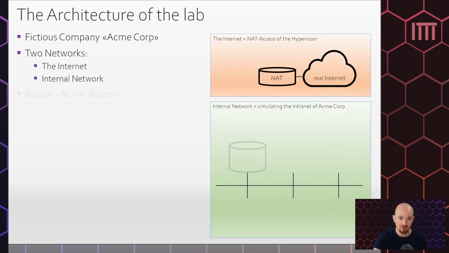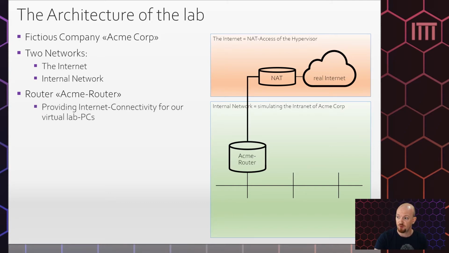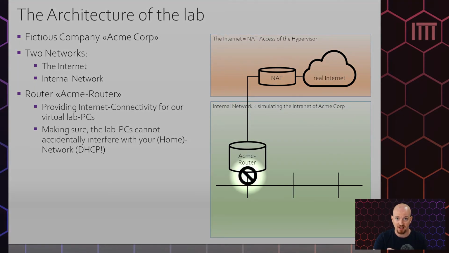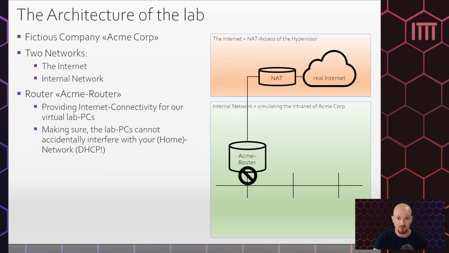We will have a router called Acme-Router, and the router will provide internet connectivity for all virtual lab PCs. Also, it will make sure that the lab PCs cannot interfere accidentally with your internal home network, because we're going to set up a DHCP server and you do not want DHCP traffic from our lab in your home network.